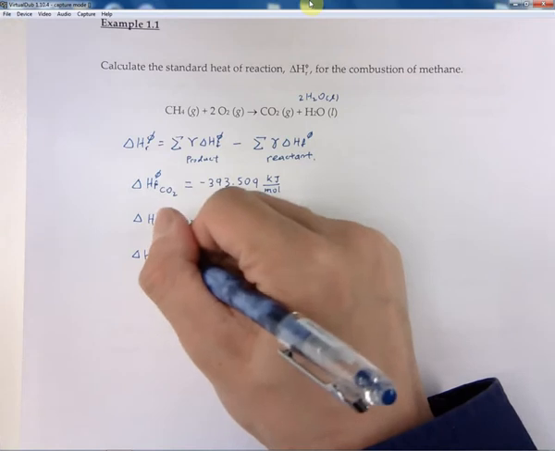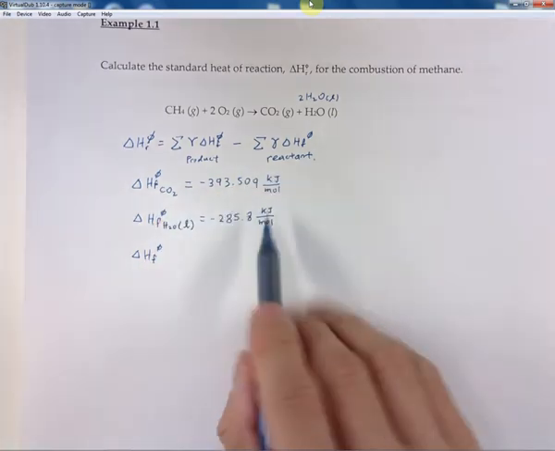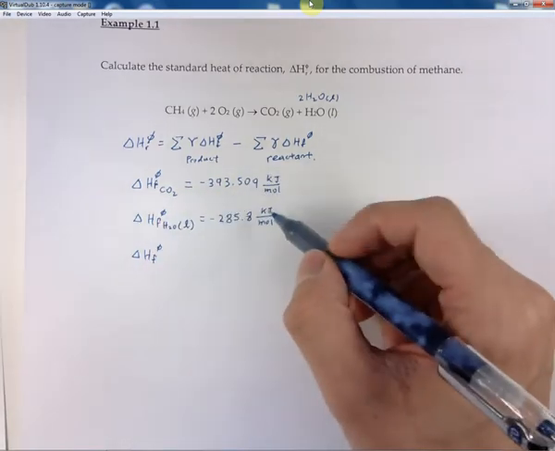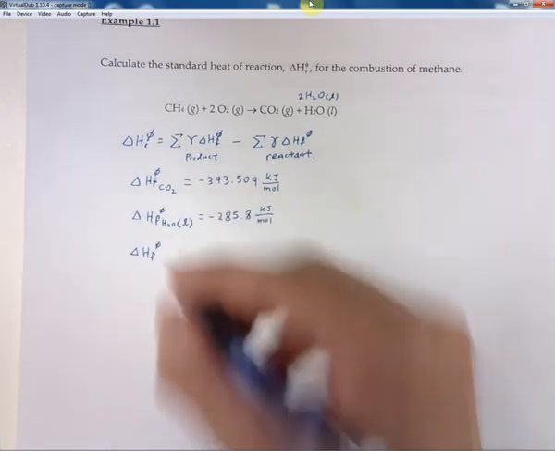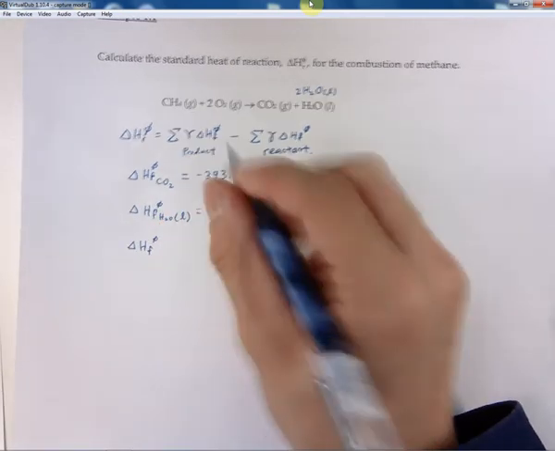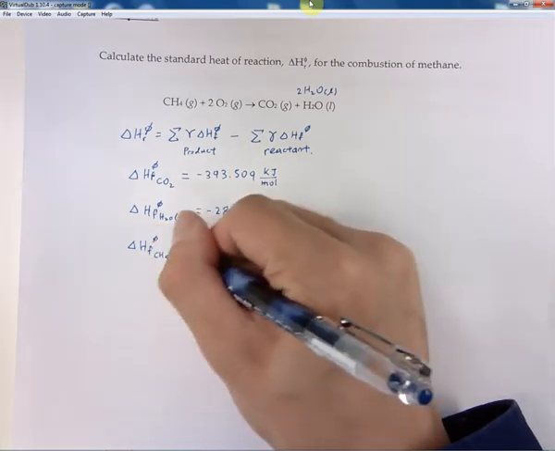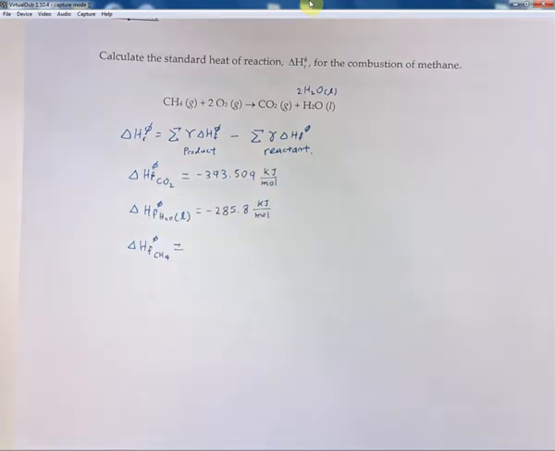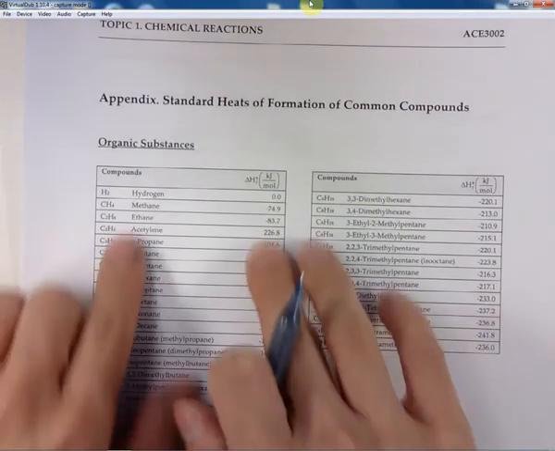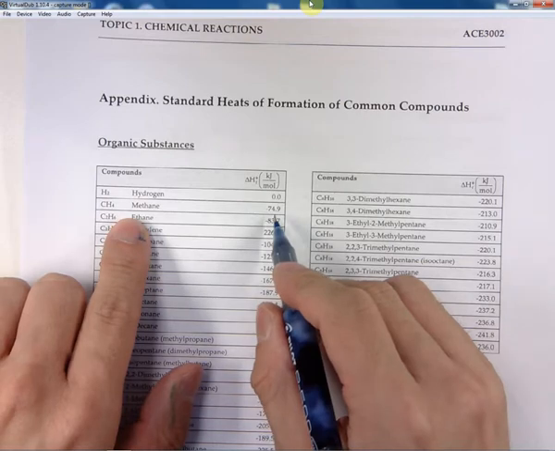And with the product found, we need to find the reactant. So for CH4, methane, is over here at negative 74.9.